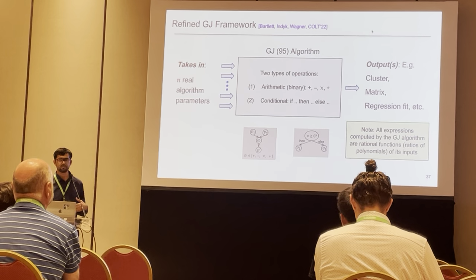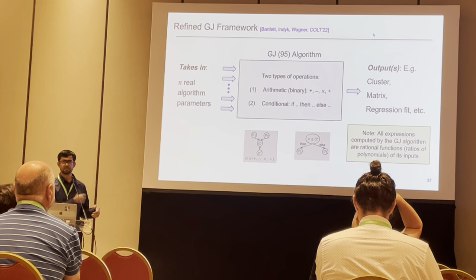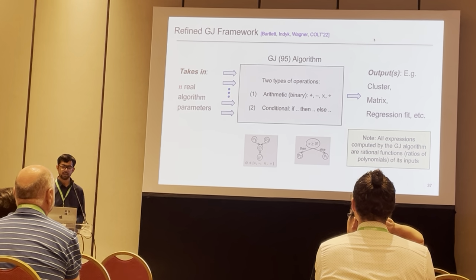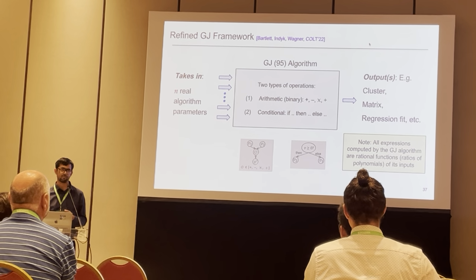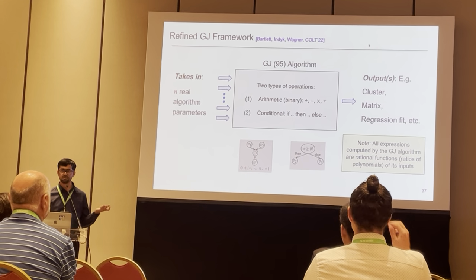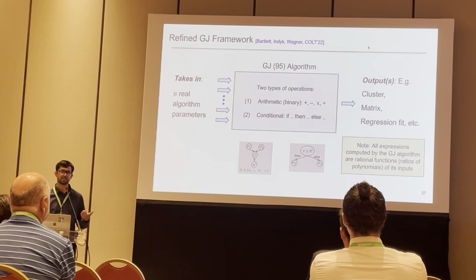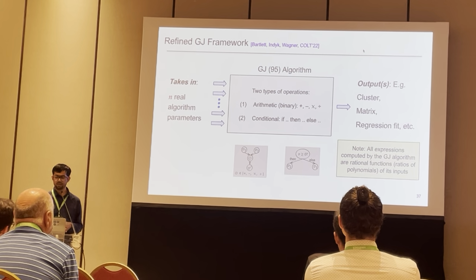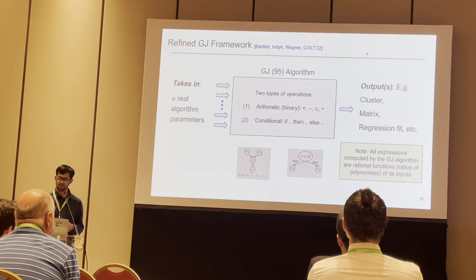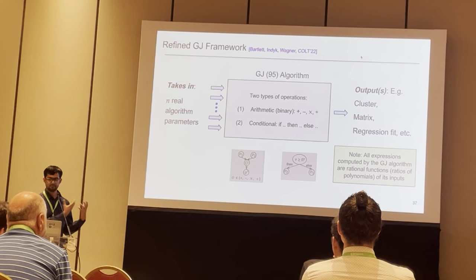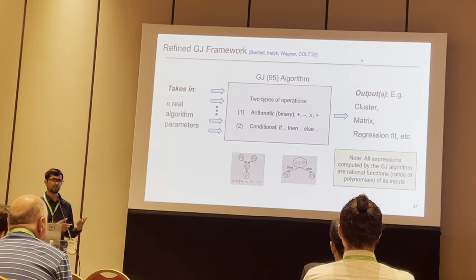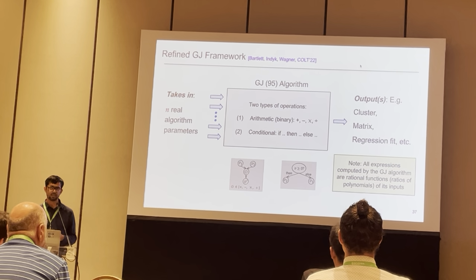Your algorithm takes n parameters, or you can think of n hyperparameters, and it performs two types of operations. It either does an arithmetic operation, where it can take two values and multiply, add, divide, or subtract them, or it could do a conditional statement, an if-then-else, which basically says: if you did some computation and it evaluates to something, then do this, otherwise do that.